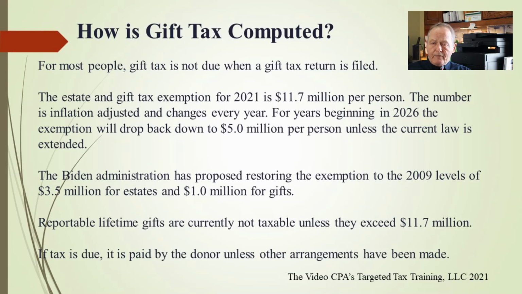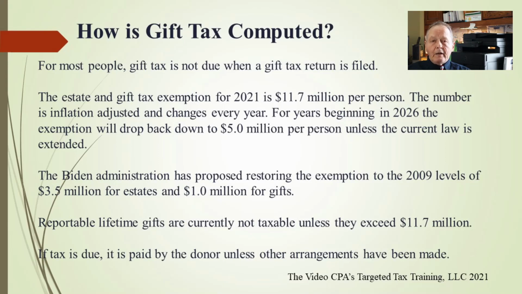When most people file a gift tax return, there is no gift tax due. You file that return, you add up your gifts for the year that are taxable gifts, over $15,000 for example, and then you compare that to what's called the estate and gift tax exemption. For 2021, that estate and gift tax exemption is $11,700,000 per person.